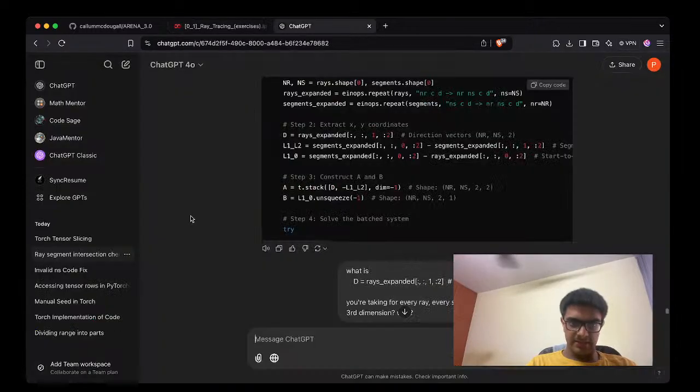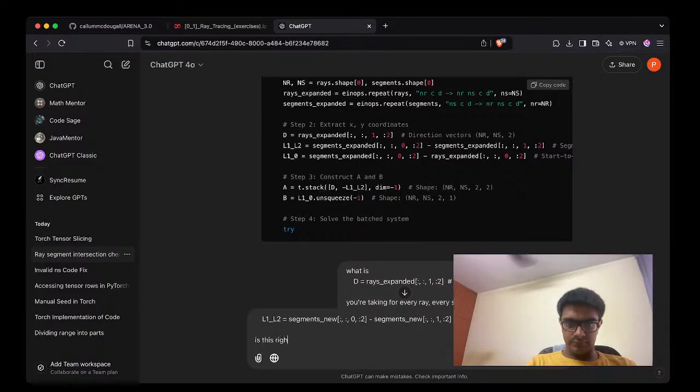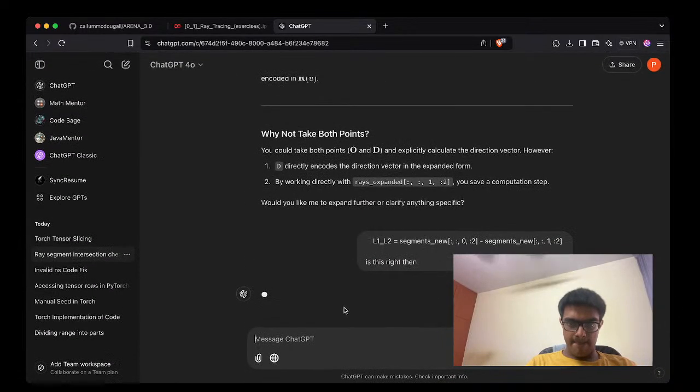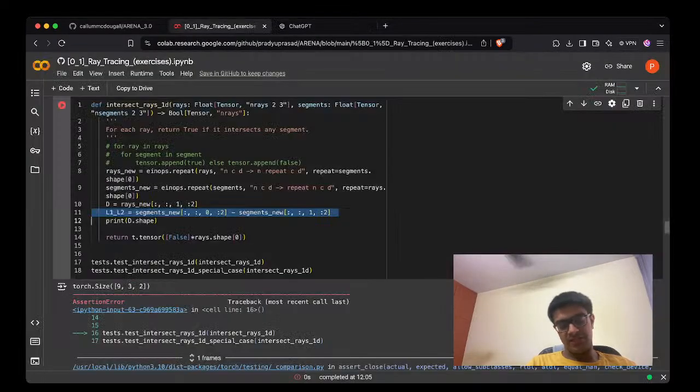Is this correct? Correct, these are direction vectors.